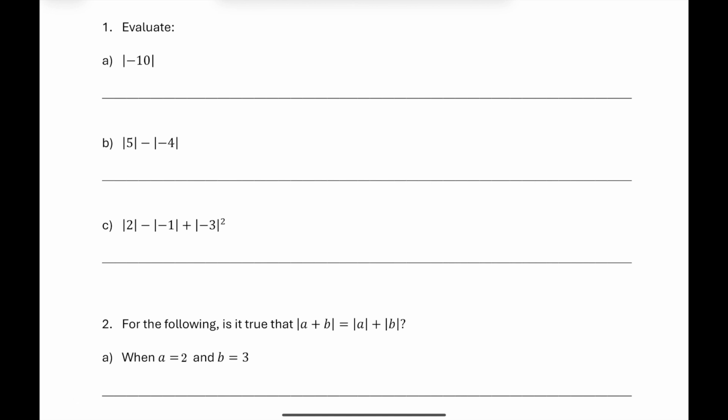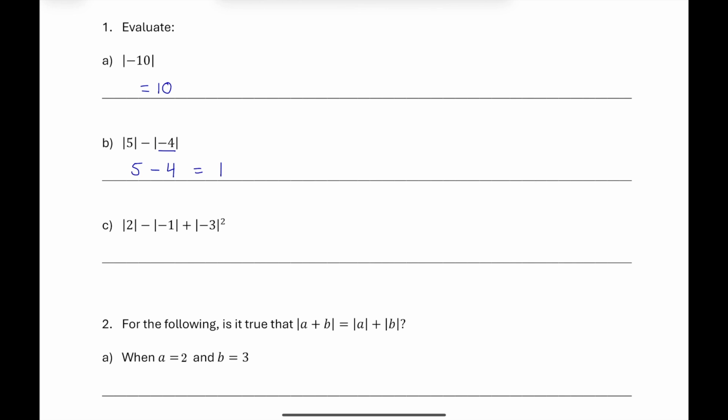Here, for question 1, evaluate the absolute value of -10. So that will just be +10. For B, the absolute value of 5 will be 5 minus the absolute value of -4. Well, this -4 will become a positive there. So here I get 5 minus 4, which is 1.